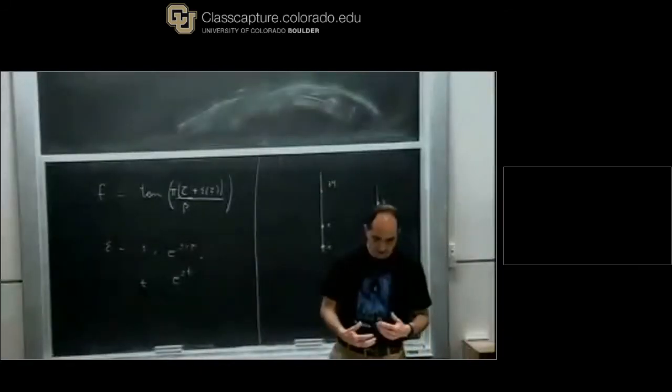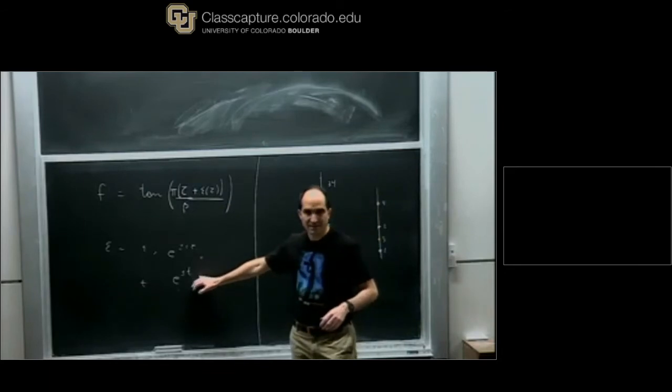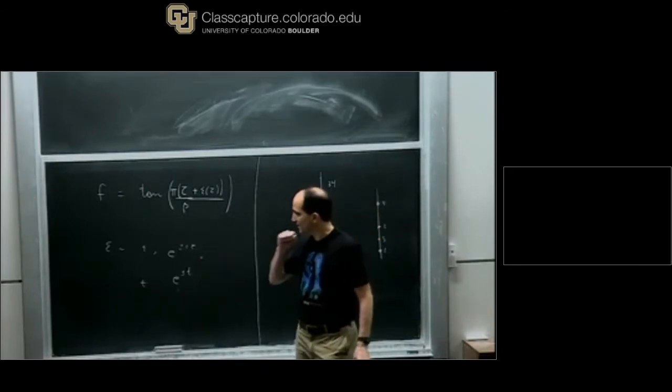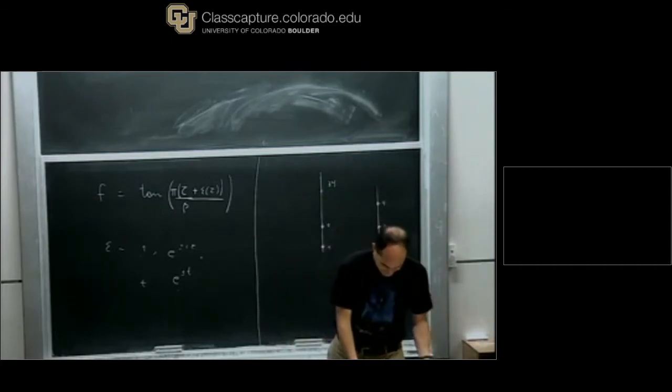And because of the geometry of the group, the geometry of SL2R, we got these particular exponents. Perhaps I didn't explain this properly. It will become a little more clear in a second. Well, maybe.